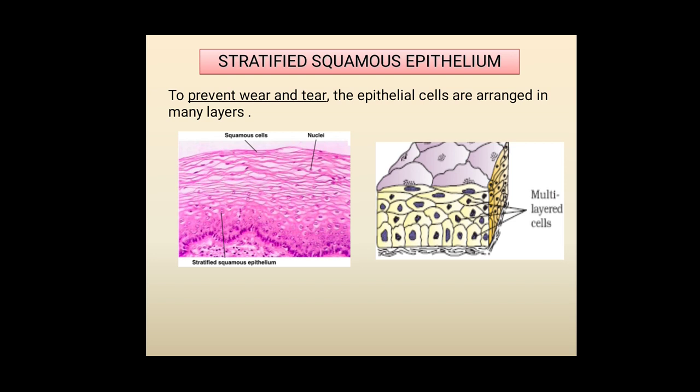If the topmost cells were cuboidal or any other shape, then accordingly the name of the epithelium would change to stratified cuboidal epithelium or stratified columnar epithelium. So this is an example of stratified squamous, which is seen in the esophagus and lining of the mouth.